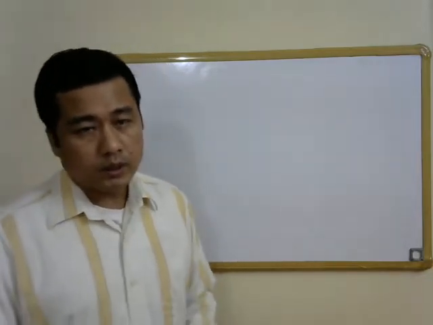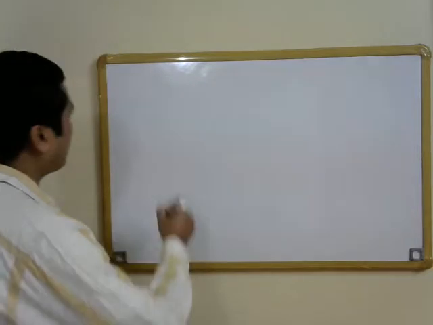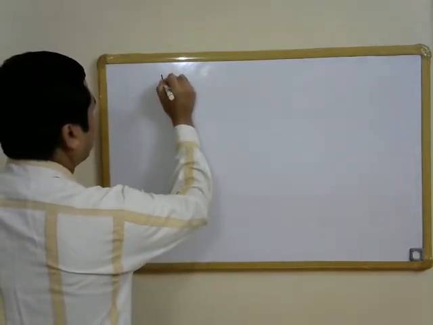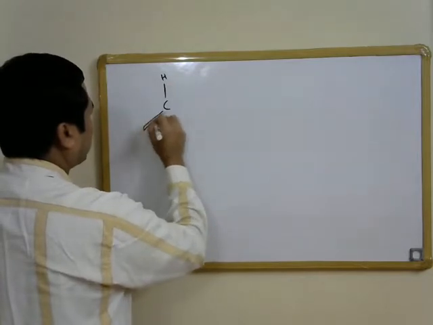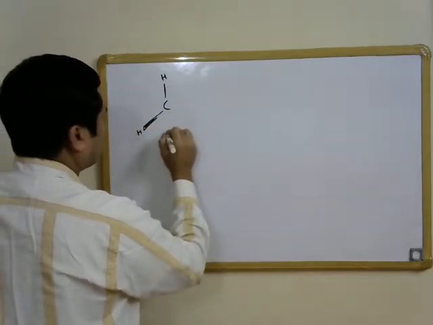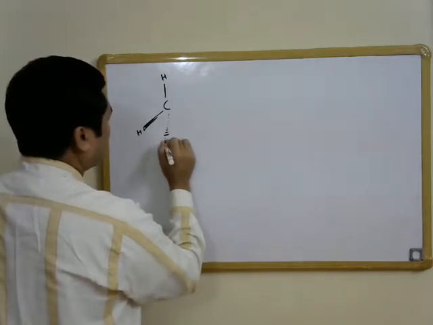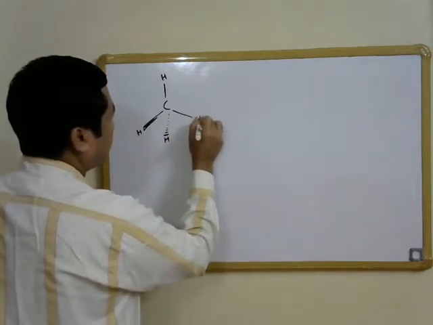So let us take a tetrahedral molecule, methane, as the example here, and let us find out the symmetry of the sigma bonds for a tetrahedral molecule.